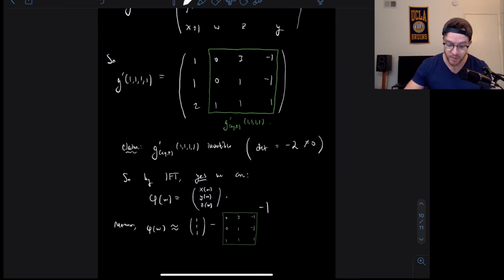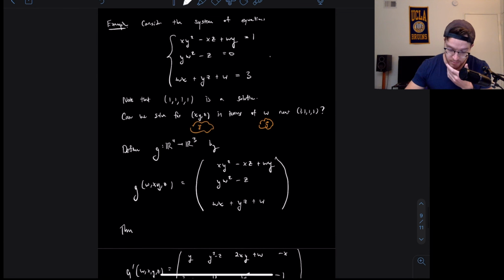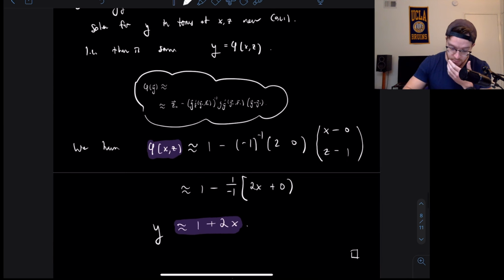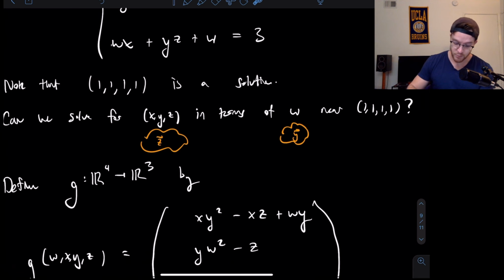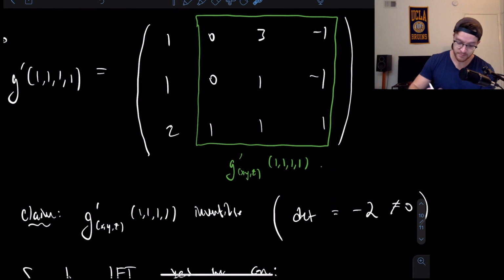Let me scroll back up here. So I have the inverse of the relevant matrix times the other part of the Jacobian, which in our case here is going to be this.